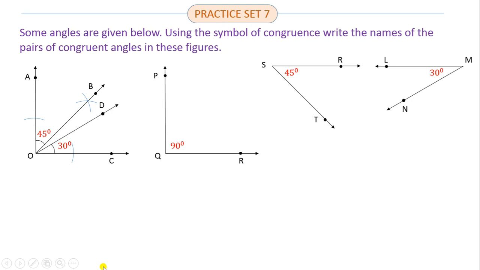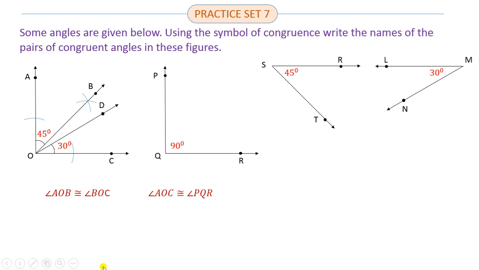By observing the given angles, in the first figure, angle AOC is of 90 degrees and ray OB is an angle bisector. Therefore, angle AOB and angle BOC are equal, and we can write angle AOB congruent to angle BOC. Then angle AOC and angle PQR both are of 90 degrees. Therefore, angle AOC congruent to angle PQR.